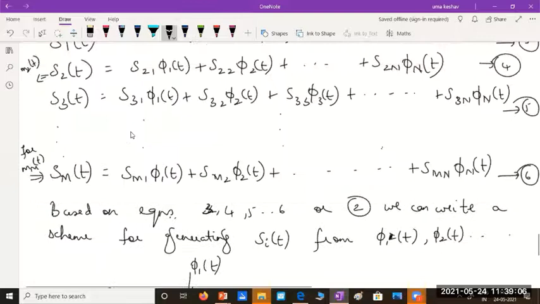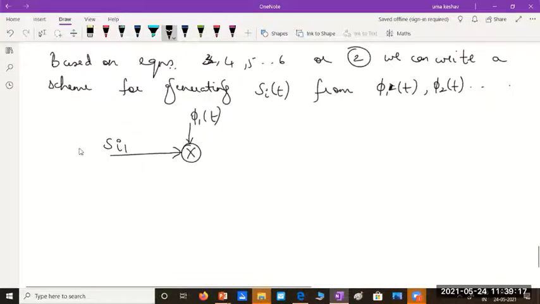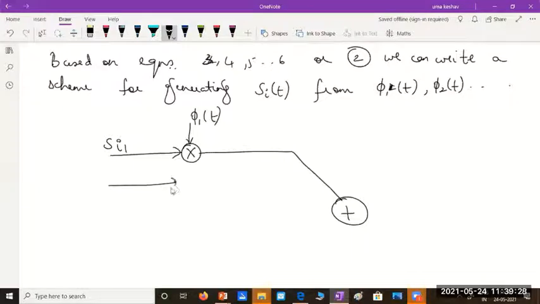If I have S1, I'll have S11, S12, and so on. If I have S2, S21, S22, S3, S31, S32. So if I have Si, I'll multiply phi 1 with Si1 and take it to the next stage where I would add it with other similar signals.